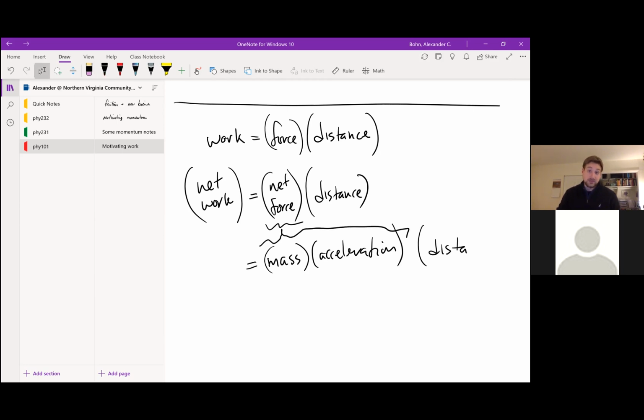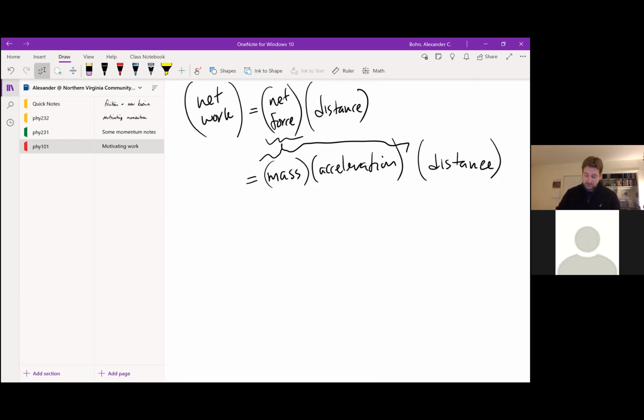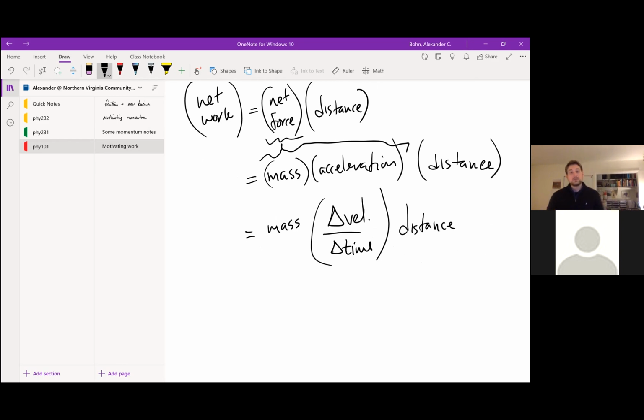And then we still have to multiply by the distance. But acceleration is change in velocity over change in time. Now, we're multiplying a number times a fraction times a number.